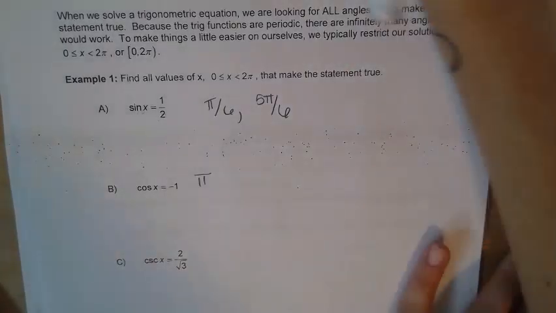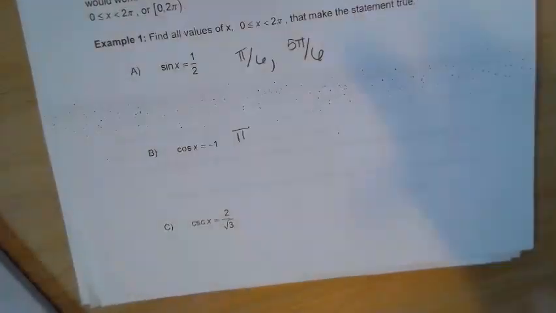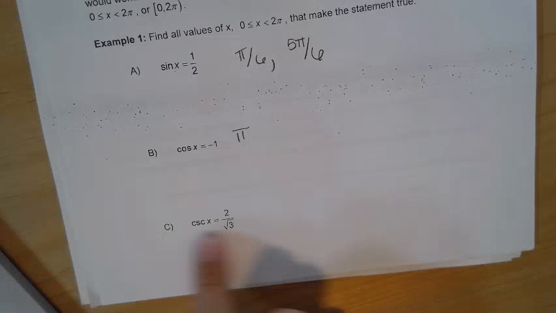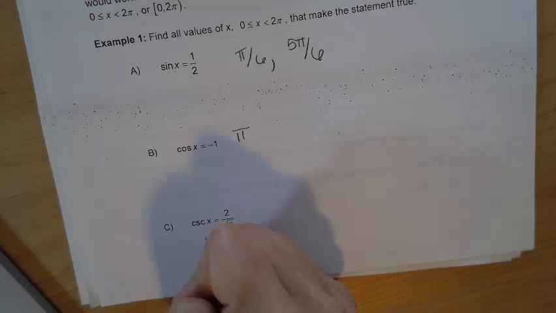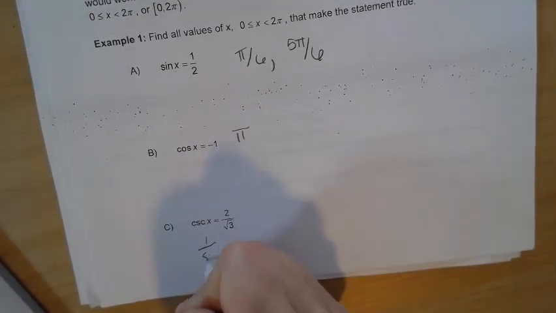On C, what you want to do is make sure it looks like something that we can find on our unit circle. So cosecant can be changed into what? 1 over sine.